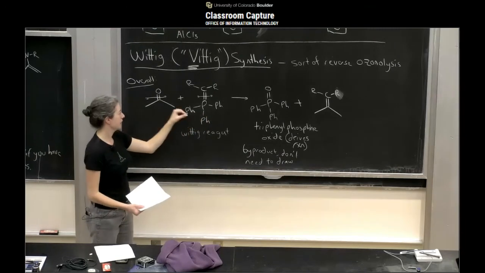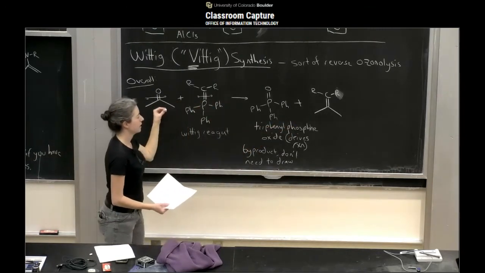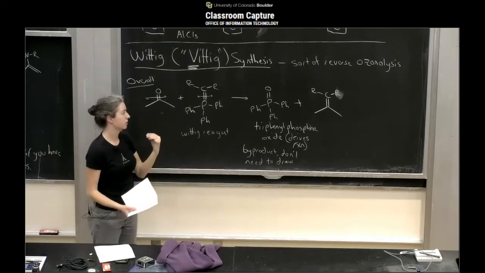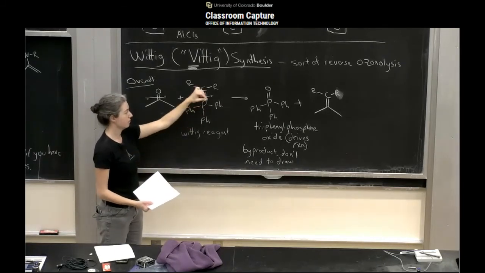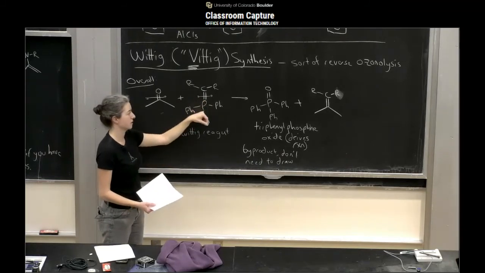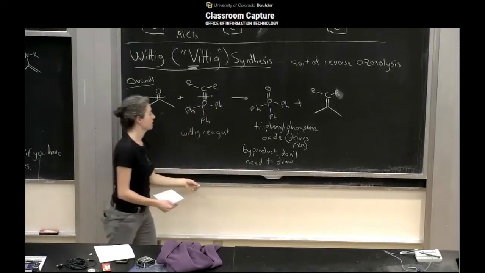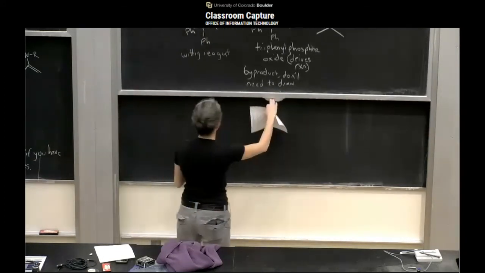But if I say, make this alkene from this carbonyl and then something with a limit of this many carbons, then maybe this is too big to have you show up and start the synthesis right away. And then you would have to show how you made this thing yourself. So let's look at how to do that if you need to.